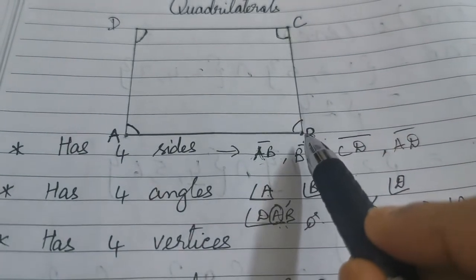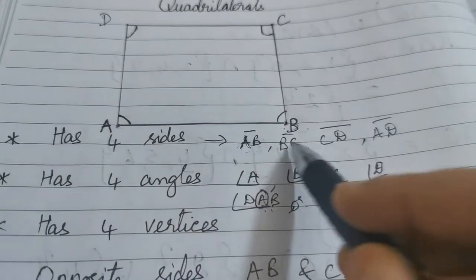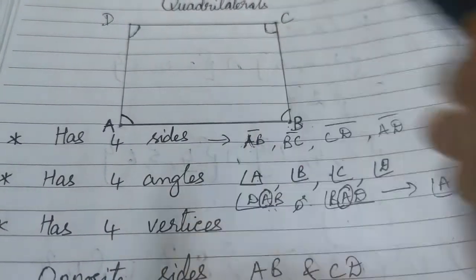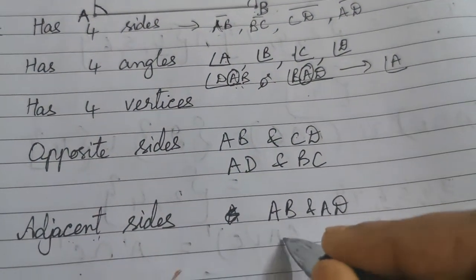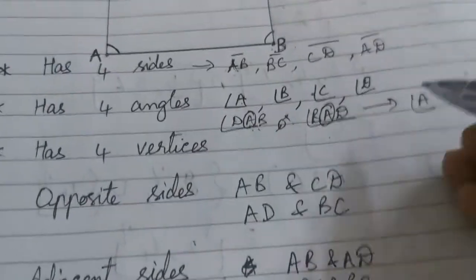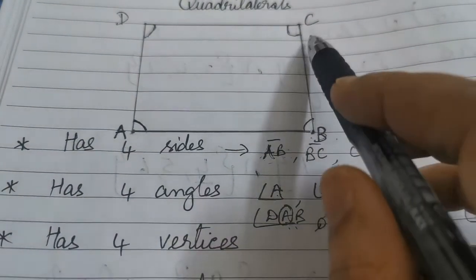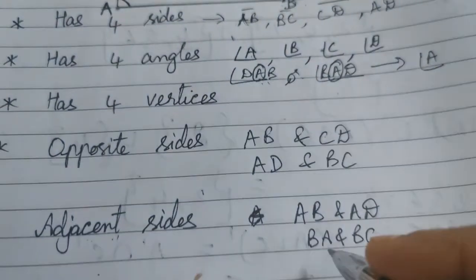Next, if I take the vertex B, again AB and BC or BA and BC are adjacent sides. At vertex C, BC and DC are adjacent sides.